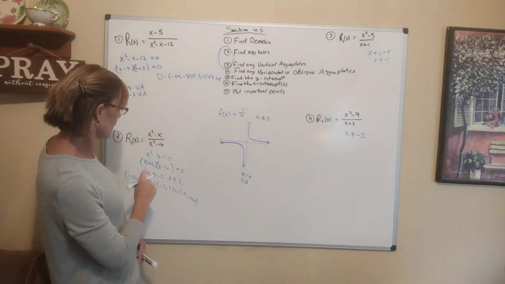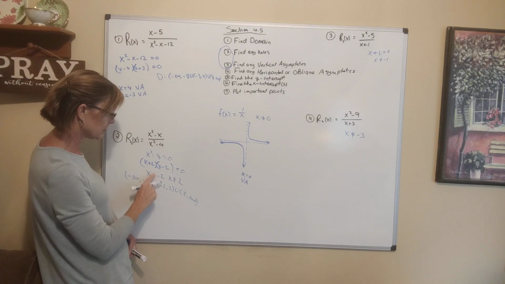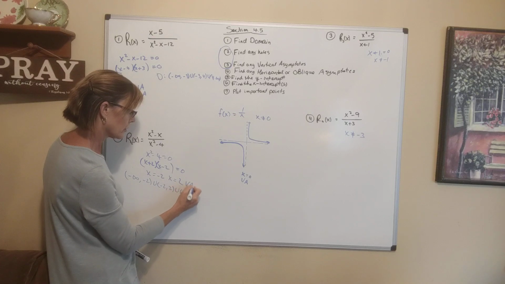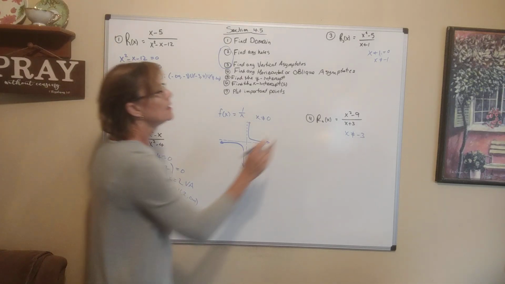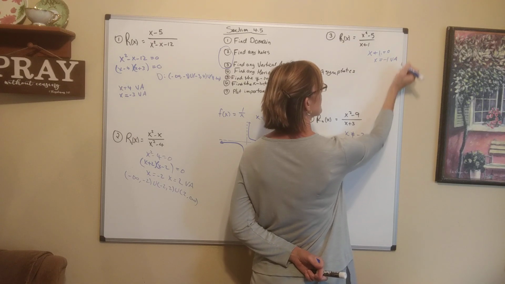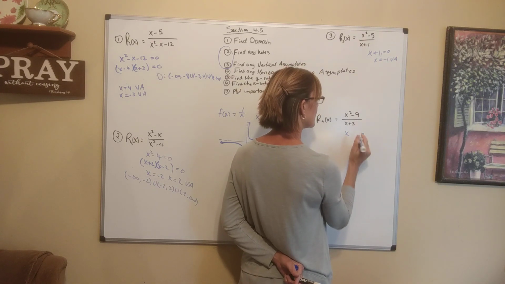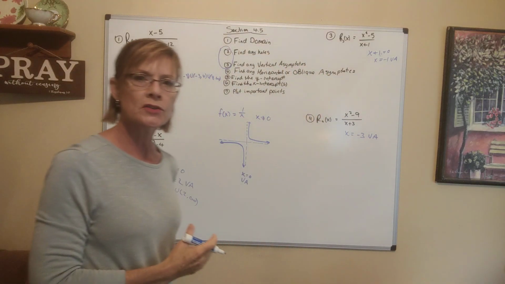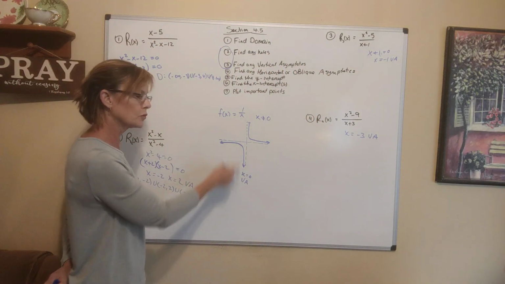By default, values where it's undefined turn into vertical asymptotes. x equals negative 1 is a vertical asymptote. x equals negative 3 is a vertical asymptote. This is a place where the function is undefined and where it will do this sort of behavior.